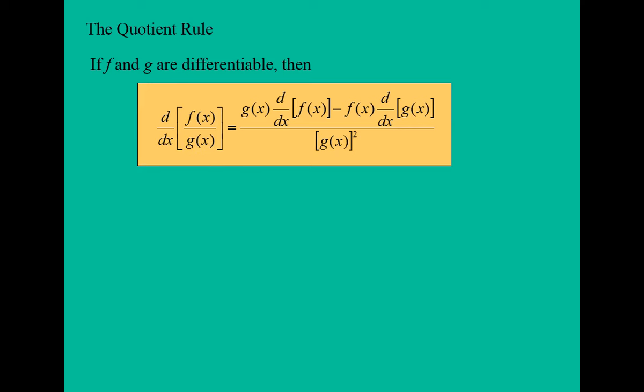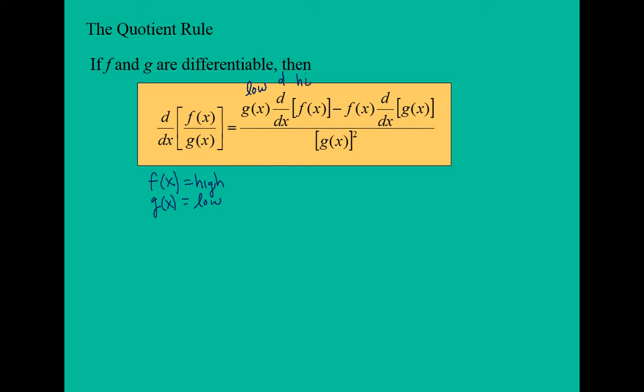They consider f of x the high function because it's in the numerator, and they say, well, g of x is the low function. So you'll hear some people say low d high. This would be low, and the d is for derivative.